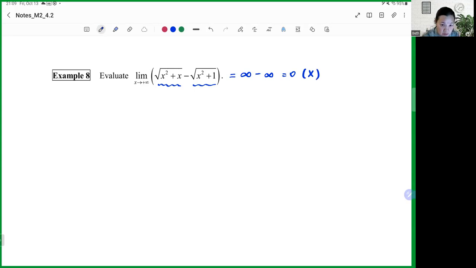To figure out the limit of this question, we actually need to create a fraction in order to compare. So right now I have this limit.